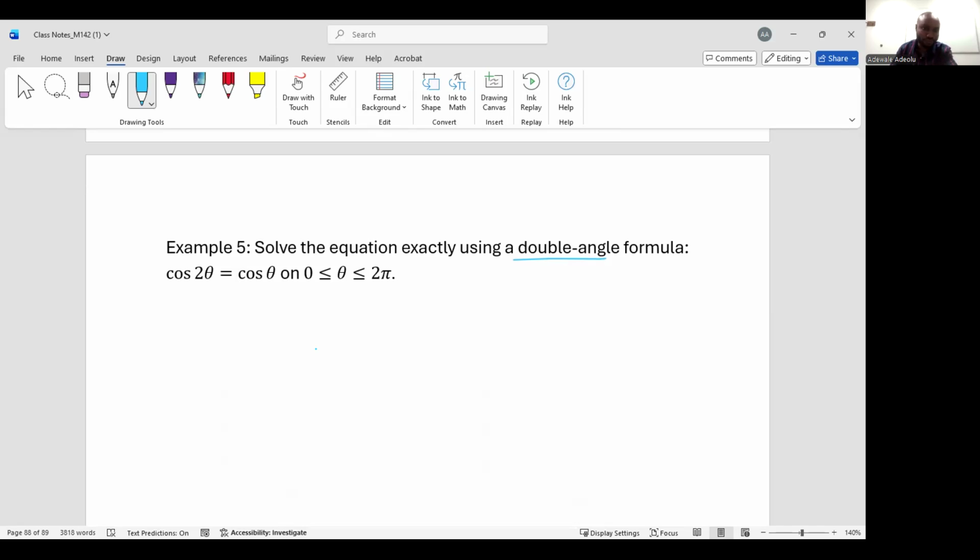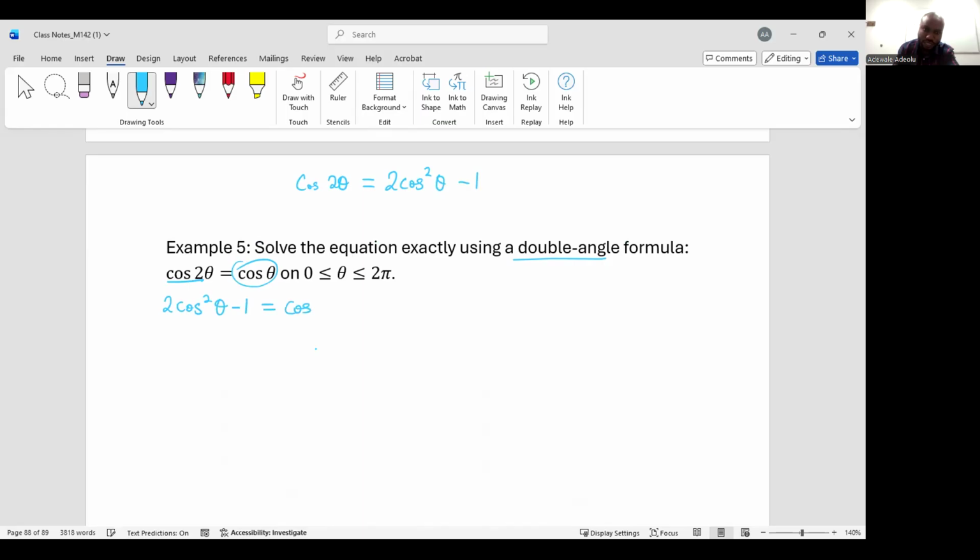Well, what is the double angle formula for cosine of 2 theta? Since I have theta here, maybe I should use the one that has cosine. So recall that cosine of 2 theta is 2 cosine squared of theta minus 1. So I can replace this using this identity.